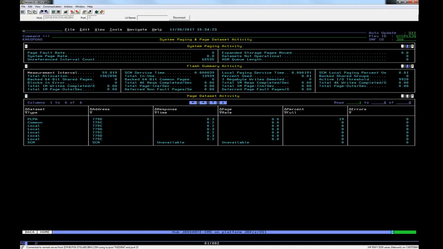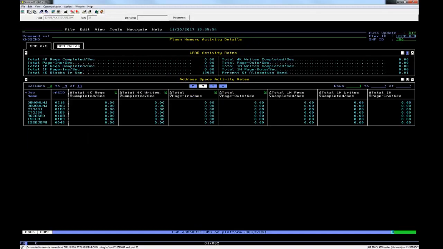But to get to the next level of flash memory reporting, one can place a cursor under the measurement interval literal here. And this is an example of a navigation called zoom navigation. Like I say, you put the cursor under the literal, hit enter, and this takes us to a new workspace.